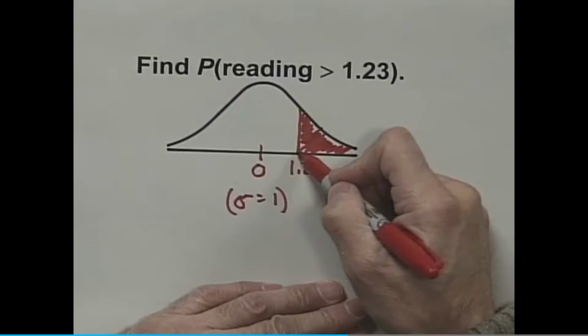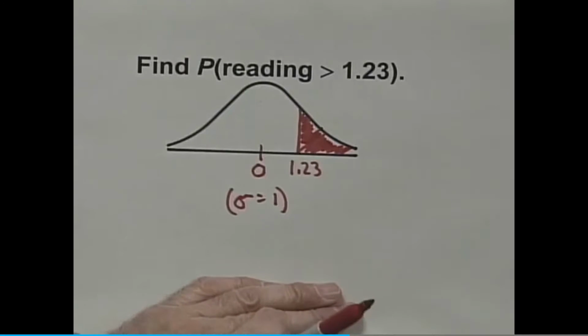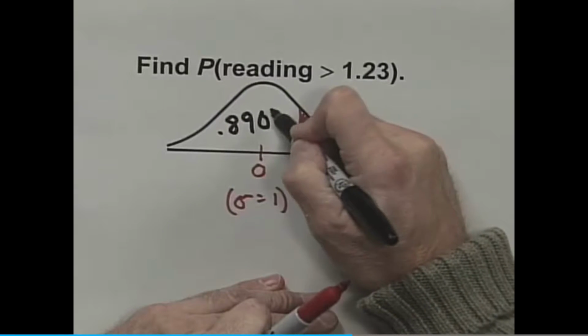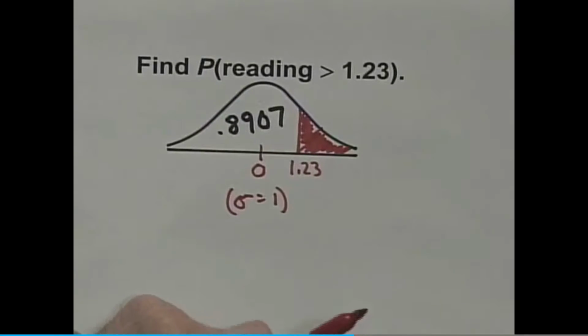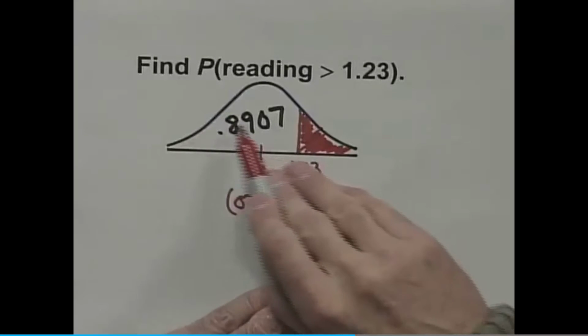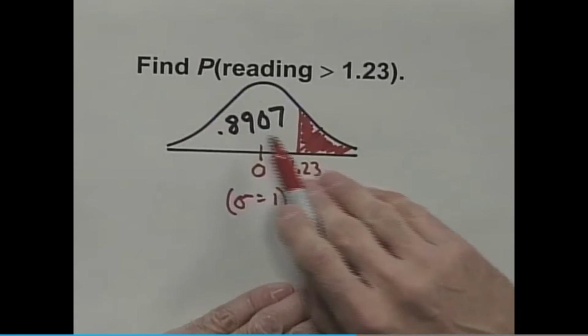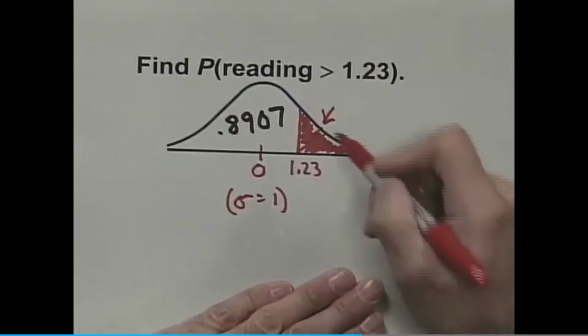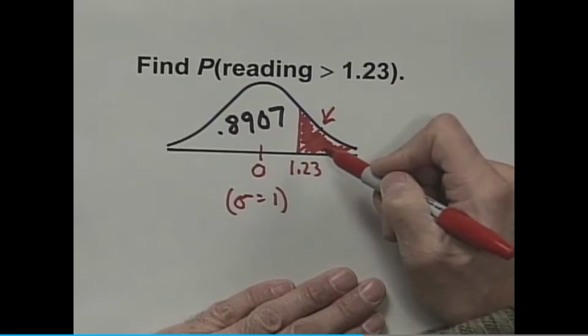We've already established that the area cumulative to the left up to 1.23 is 0.8907. And we also know that the total area under this curve is exactly 1. Now think about this. If the total area is 1 and this much is 0.8907, I now have an easy way of finding the shaded area that I'm really looking for.